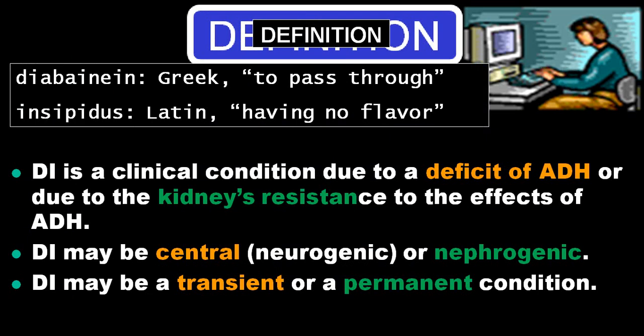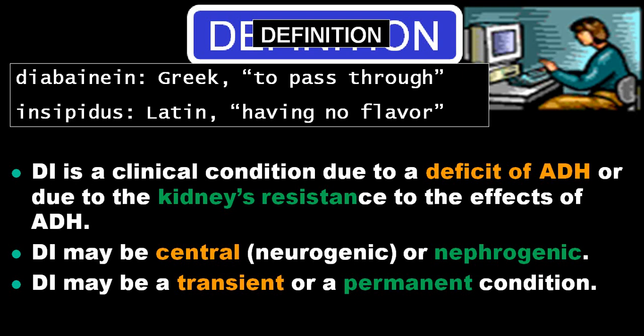Diabetes is derived from Greek and Latin words meaning to pass through, and insipidus means having no flavor. So diabetes insipidus is a clinical condition due to deficiency of ADH hormone or the kidney becoming resistant to the effect of ADH, which we call nephrogenic diabetes insipidus.